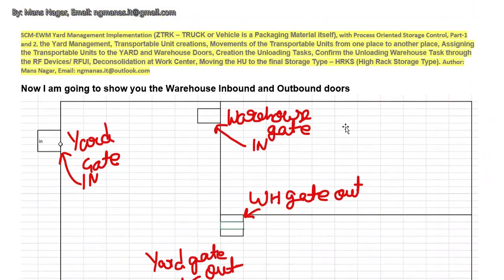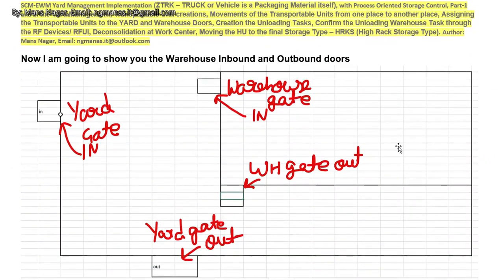So this is the document, which goes into more depth. Here what I have explained is the complex process. I created one truck, a custom transportable unit or custom vehicle, Z truck. This is nothing but a packaging material itself, because in the truck we put the material.